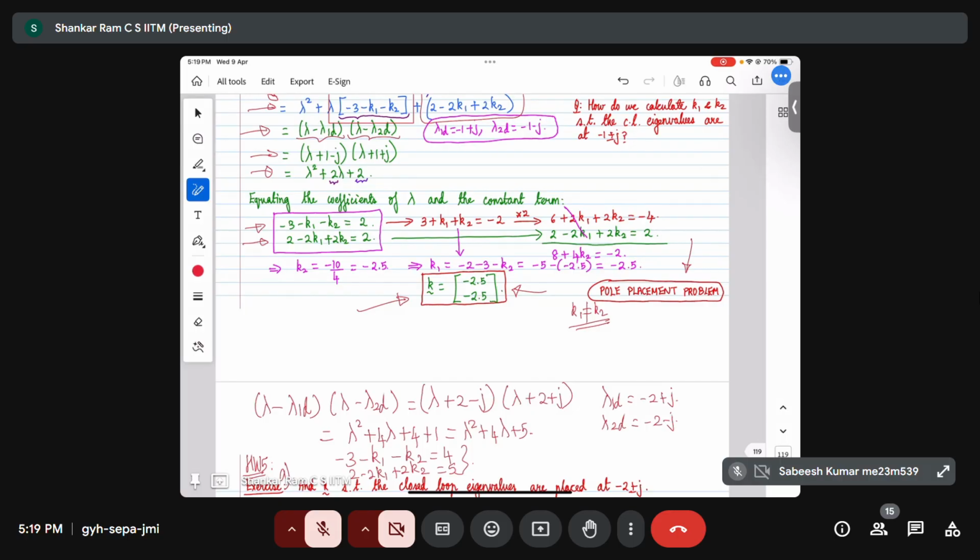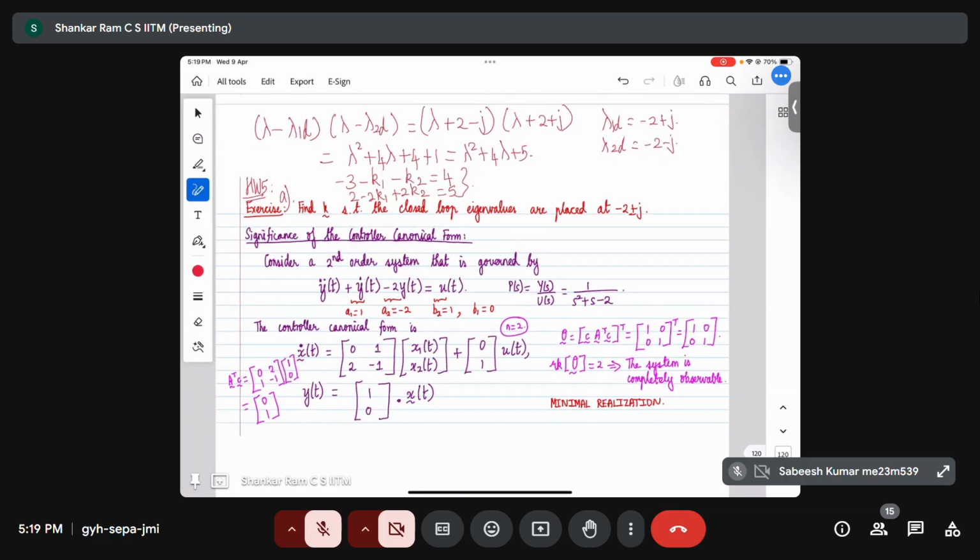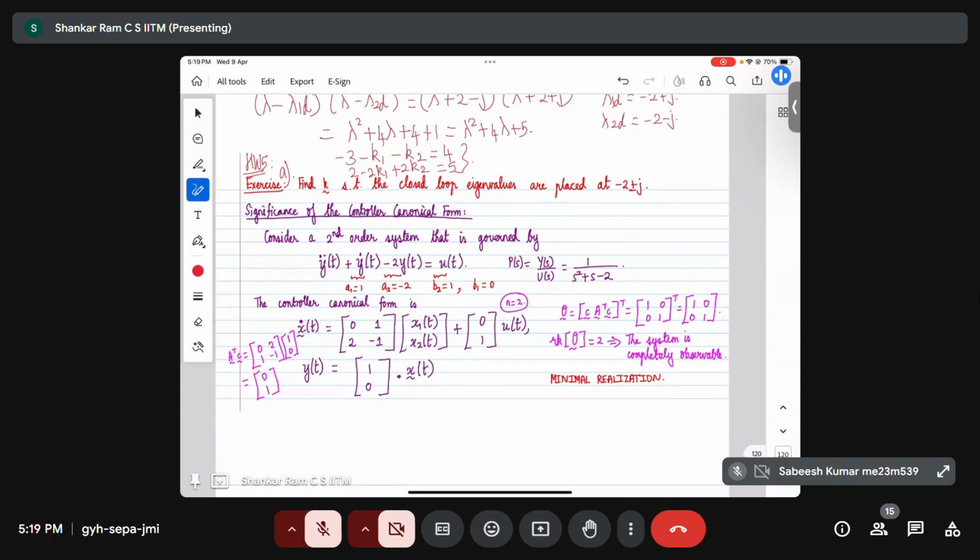This is the first problem that I want you to solve as far as homework number 5 is concerned. This is the sequence in which you solve control design.